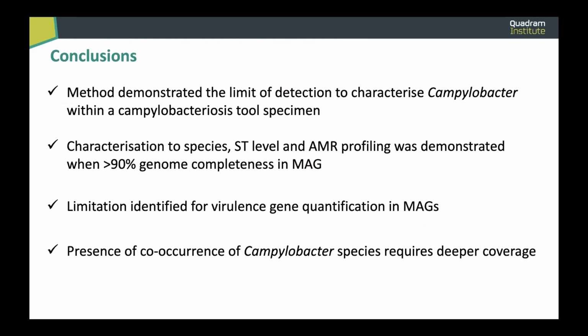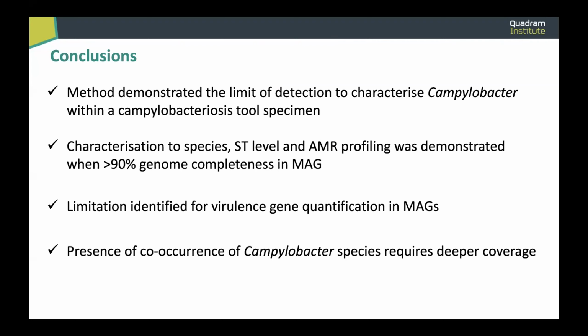In conclusion, this study demonstrates the limit of detection of Campylobacter within a metagenome and the ability of tailored direct sequencing methods to yield sufficient information for near complete Campylobacter genome assembly to characterize key attributes of this foodborne pathogen.